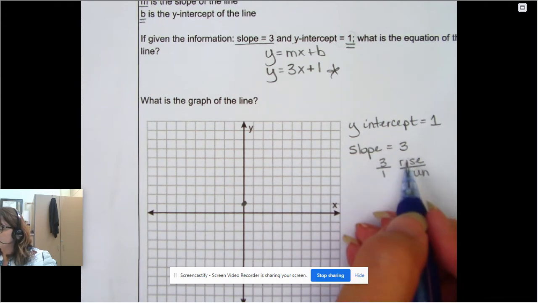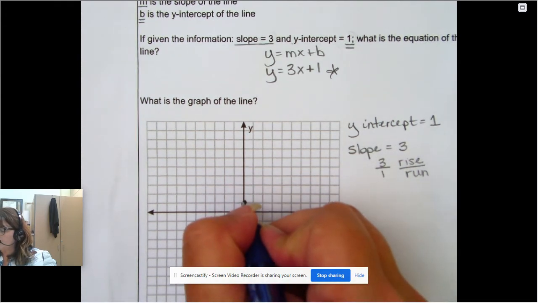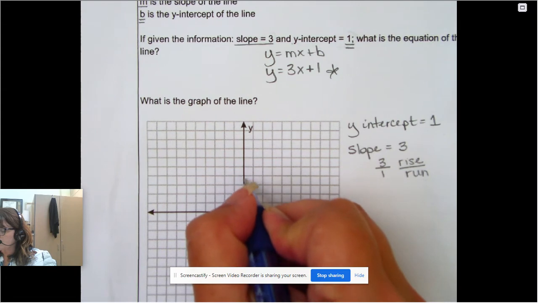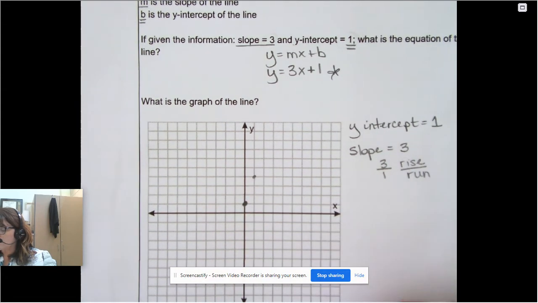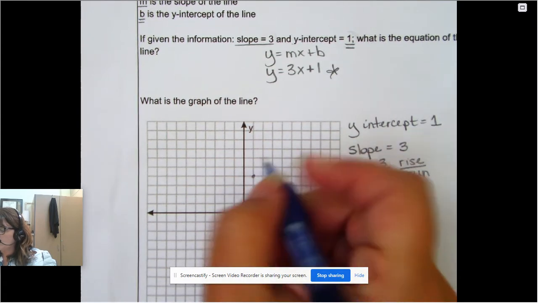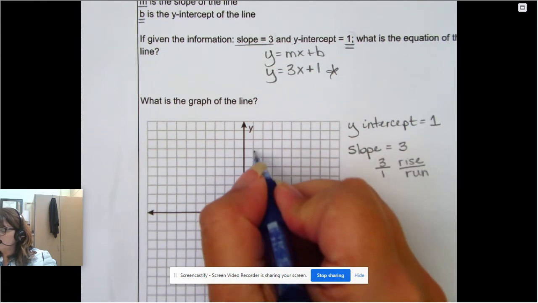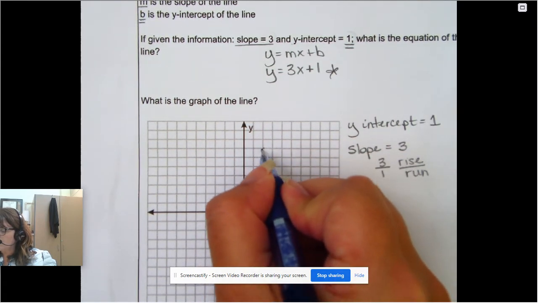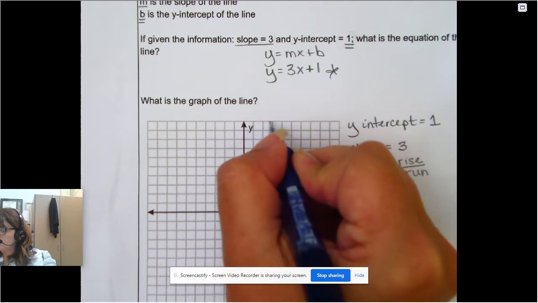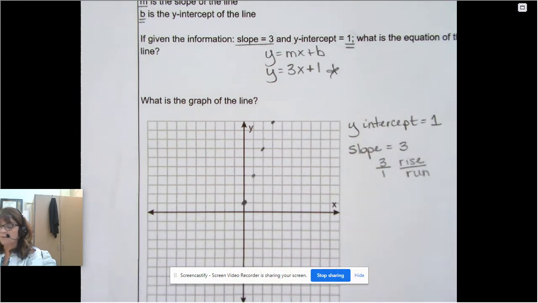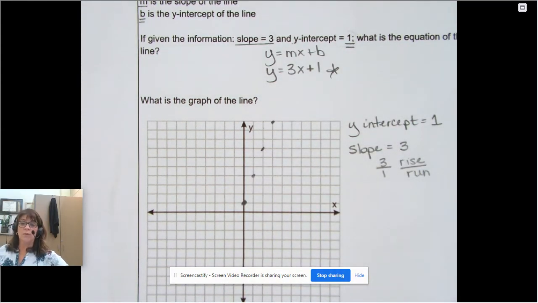So for my slope, I'm going to go up 3, 1, 2, 3, and run 1 right there. And 1, 2, 3 up and over 1 again. I could do that all day long. I'm not going to because we have better things to do.